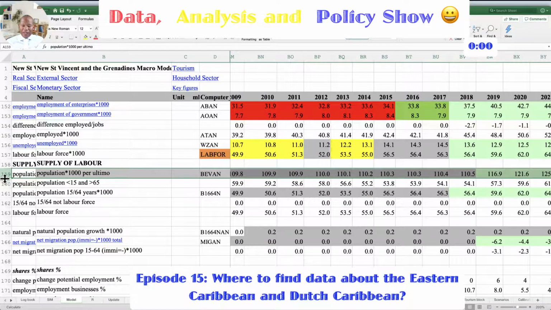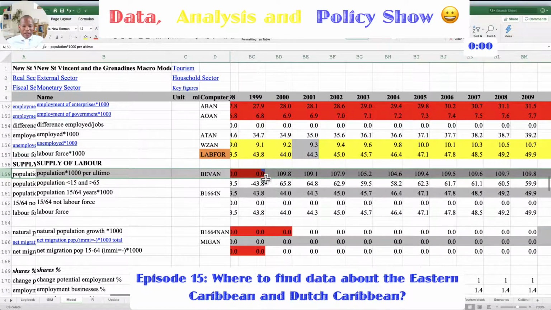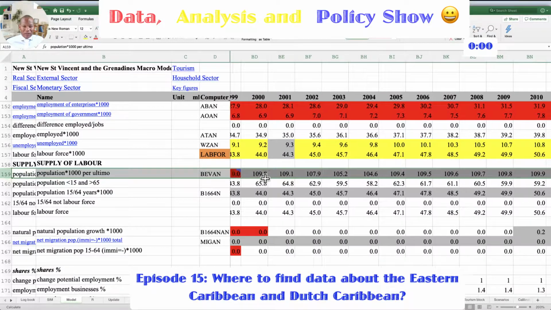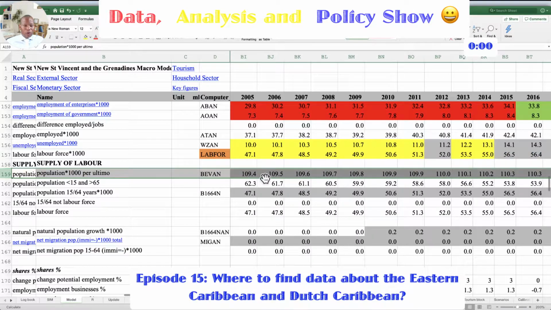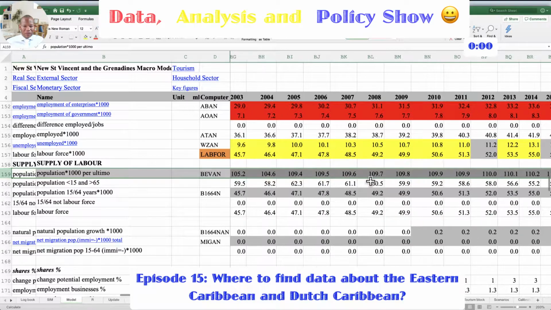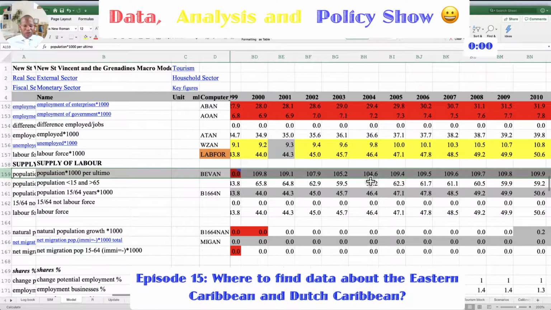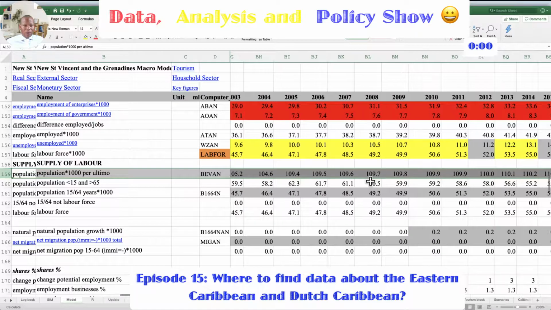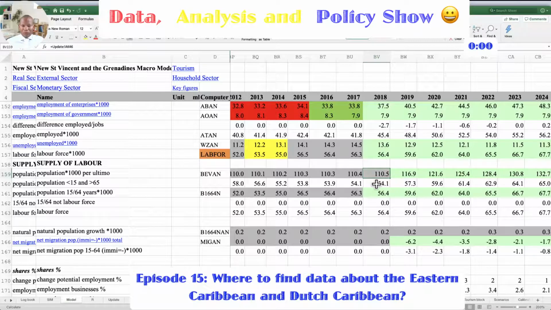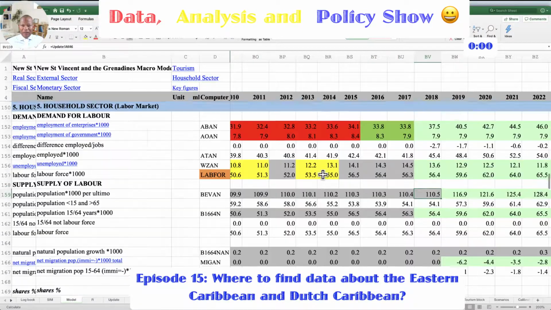St. Vincent and the Grenadines has a population which went from, let's say, 109,000 in 2000, and it stayed almost the same, you see. So not a huge increase. So those are the figures of 110,000. Now how many people are employed?